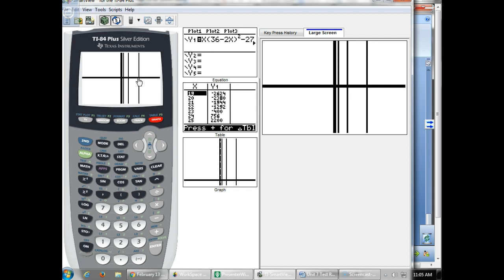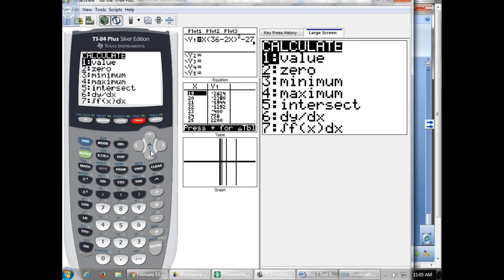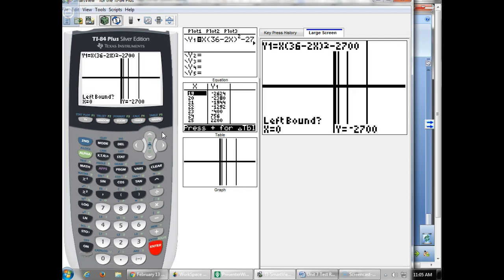I do have another root over here. So even though you can't really tell, it looks like they're just going straight up and down. What is the behavior of this graph? You know it's coming up from the left and then going down and then back up. How do I know that? Because it's a degree of 3 with a positive leading coefficient. So this value we need to do second, calculate, zero, and let's see where we are.